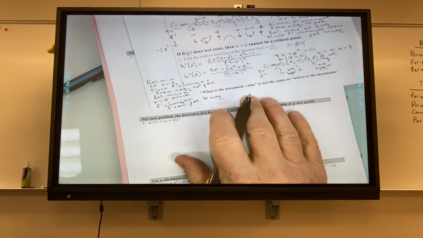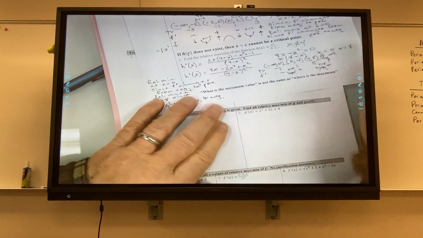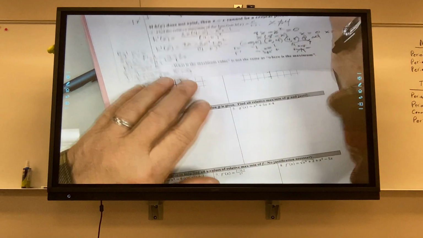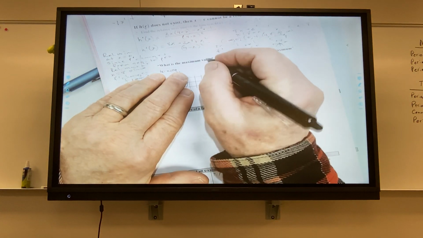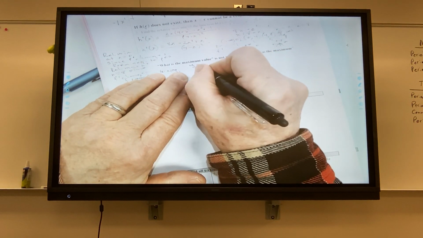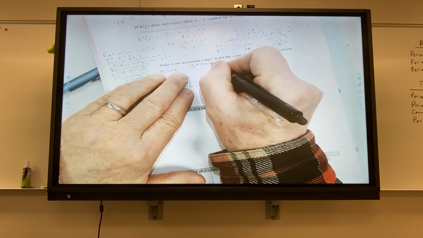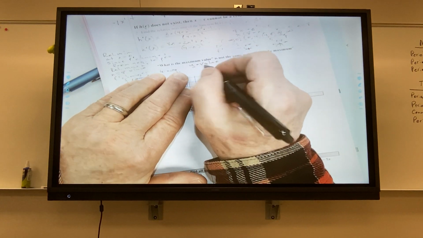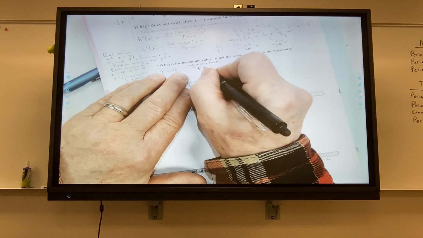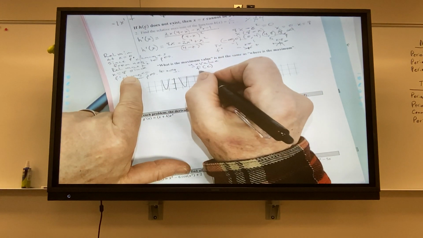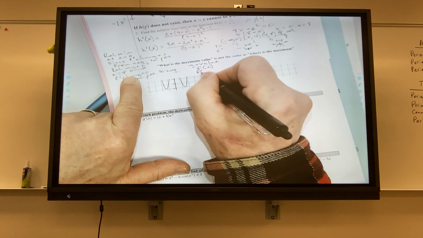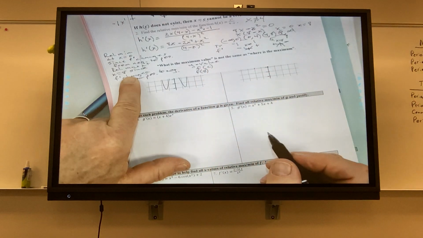Alrighty. So, there's a little caution down here. What is a maximum value? The maximum value is the y value. In other words, it's f of c. So in this case, f of 8 would be my maximum value.